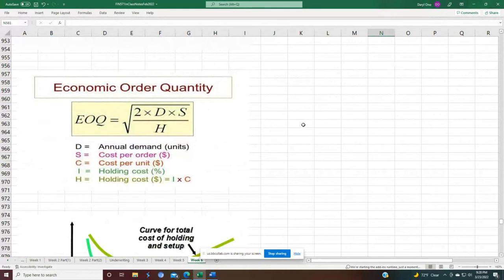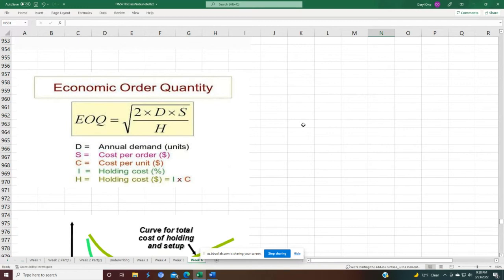There's the formula there, okay? The economic order quantity is equal to the square root of 2 times annual demand times S, where S is the ordering cost per order. How much does it cost to place an order?